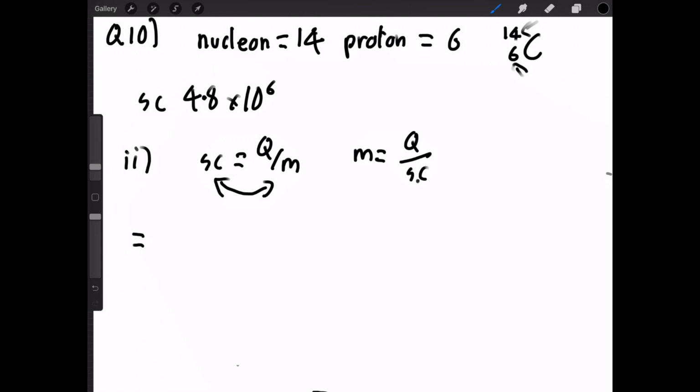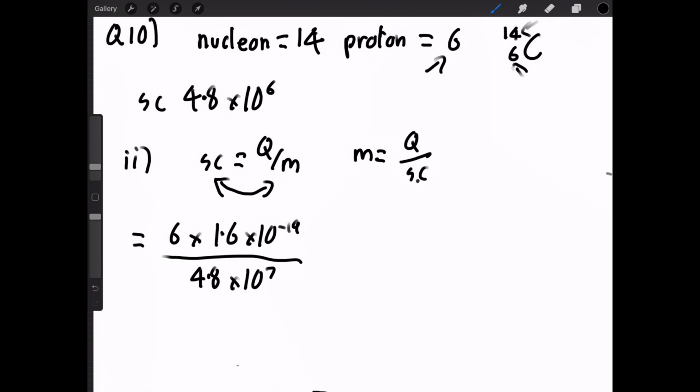Right, so the charge, 6 protons, because it's 6 protons up here, times 1.6 times 10 raised to the power minus 19, divided by the specific charge, which we're given, 4.8 times 10 to the power 7. And that should be coulombs per kilogram.